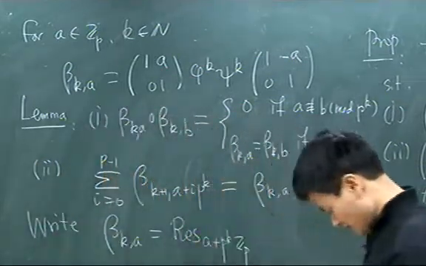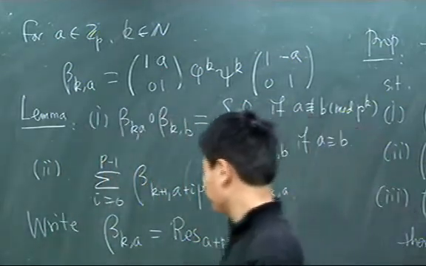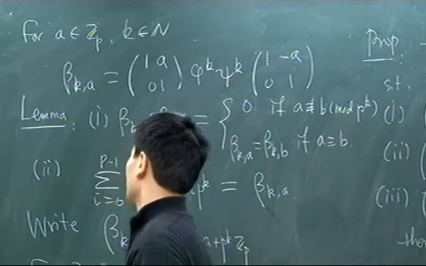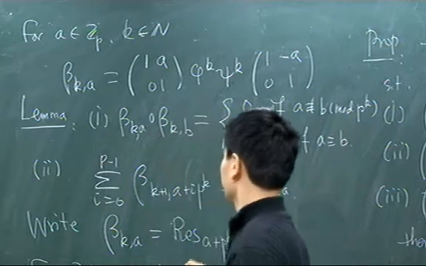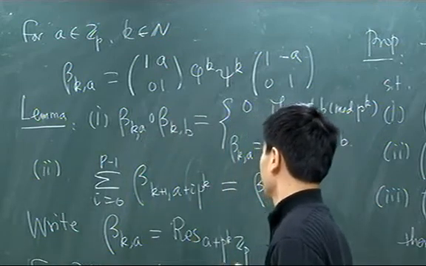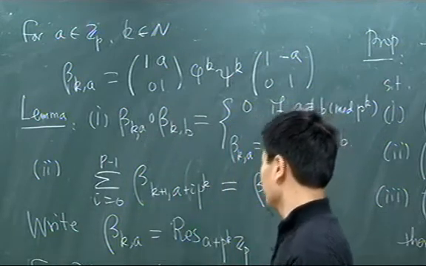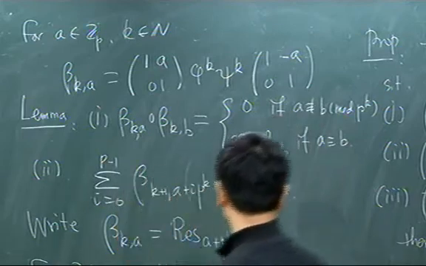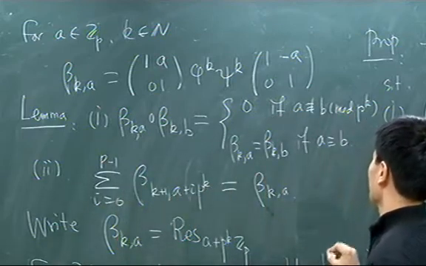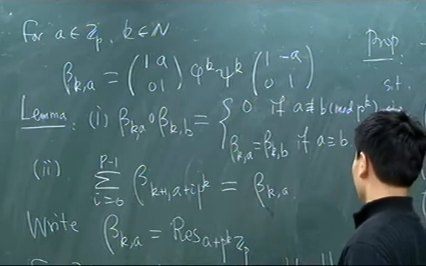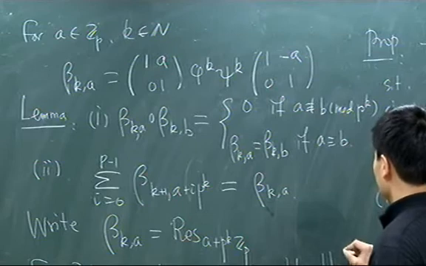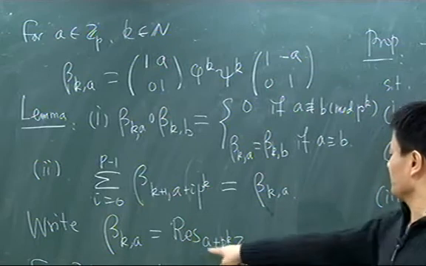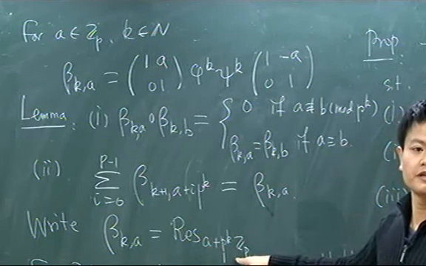Okay. So this is now for U compact open in Zp. You can define this U. So U is some disjoint union of Uj, and this Uj is of the form a plus p^k Zp, right?